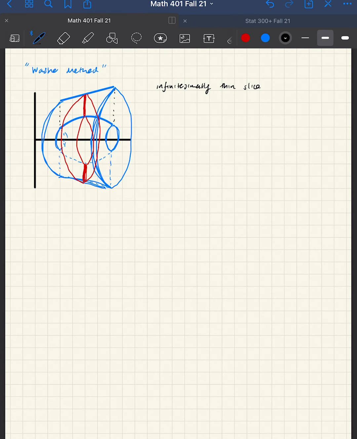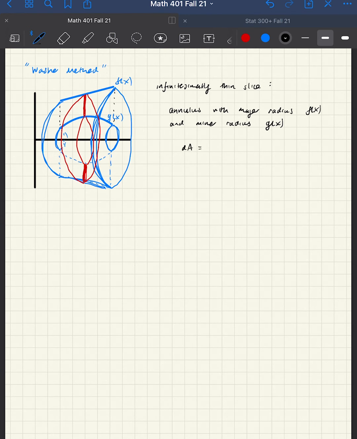So what we're doing here is taking an annulus with major radius. If this is f of x, and the lower curve is g of x, then we've got major radius f of x and minor radius g of x.